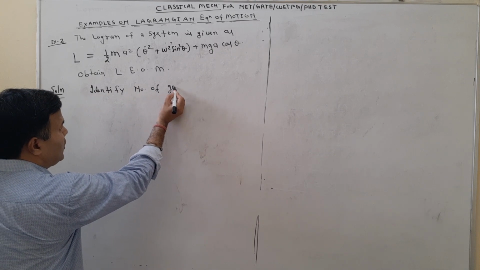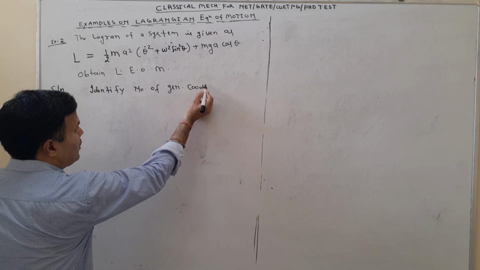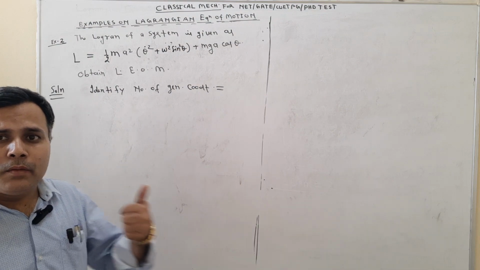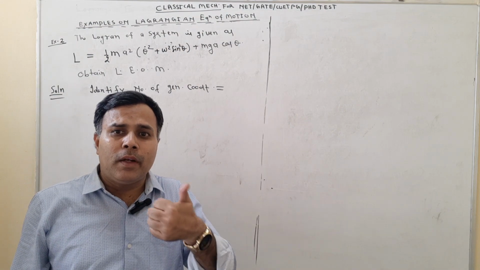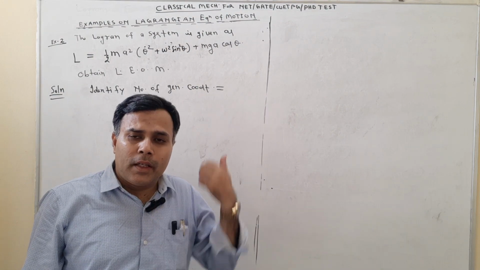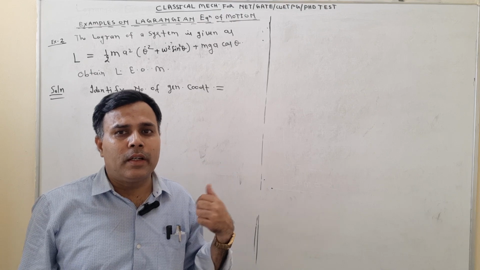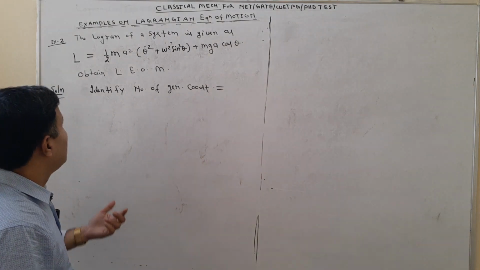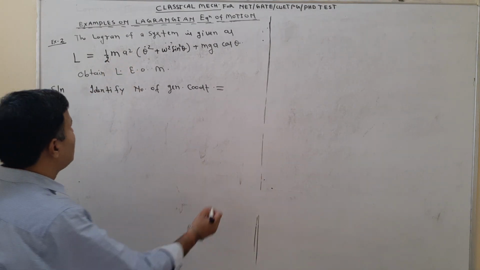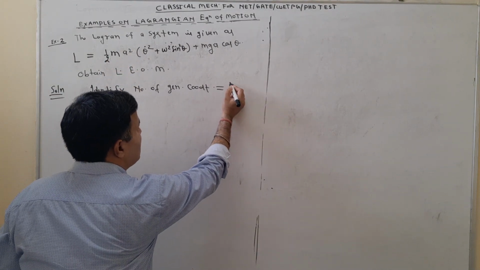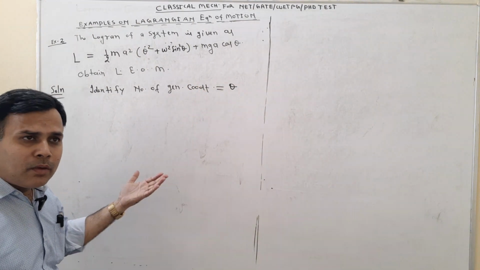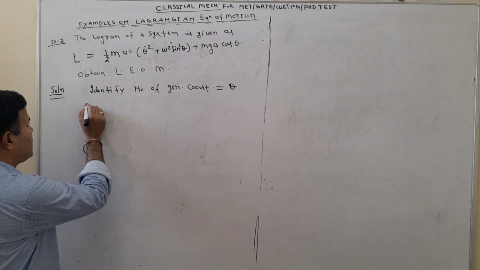If it is 1, then we have to set up only one Lagrangian equation of motion. In the earlier case, we had two generalized coordinates. That is why we had to set up two different Lagrangian equations of motion. In this case, we have only one generalized coordinate, which is theta. So correspondingly, we have to set up only one Lagrangian equation of motion.